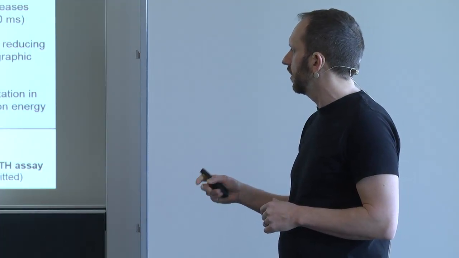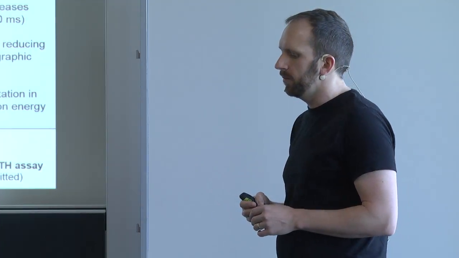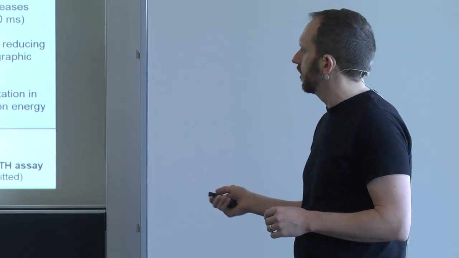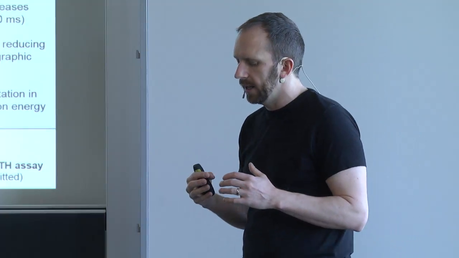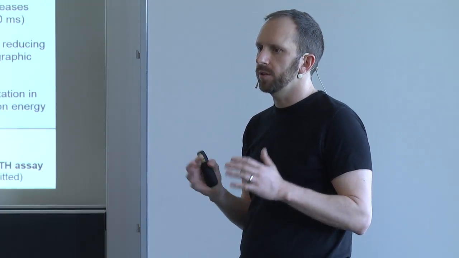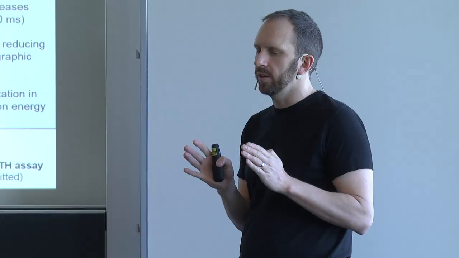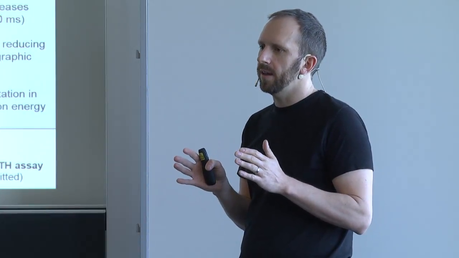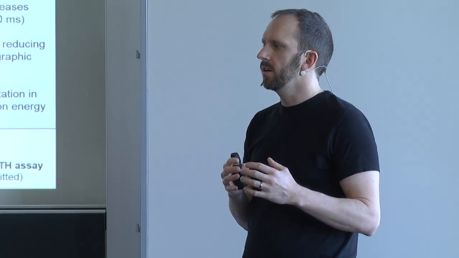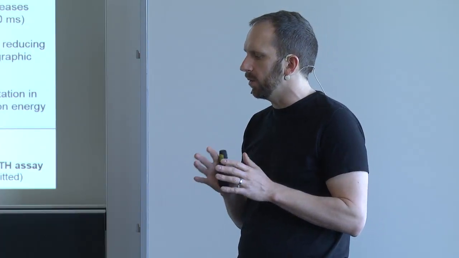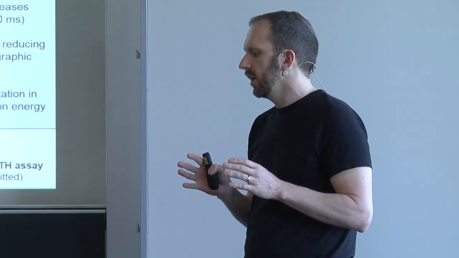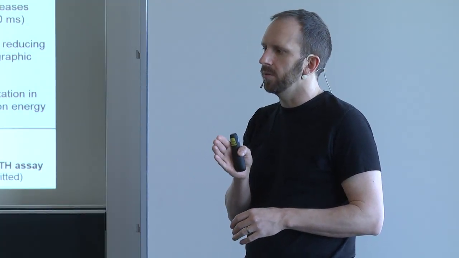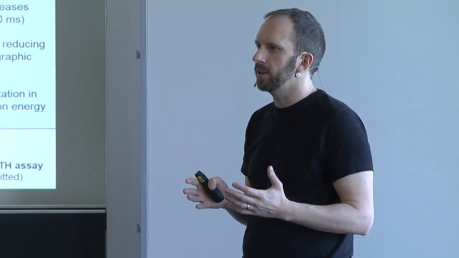But in SWATH, similarly in PRM, or certainly in SWATH, you can't really do any collision energy optimization because you have this wide precursor isolation window, and there are many different peptides in there, and so you know approximately what the mass is, right? But you don't know what the charge state is. So all we can do is say, okay, we know what the mass is, and what we usually do is set the collision energy for a doubly charged ion, which is in the middle of the window, and this is about the best we can do.